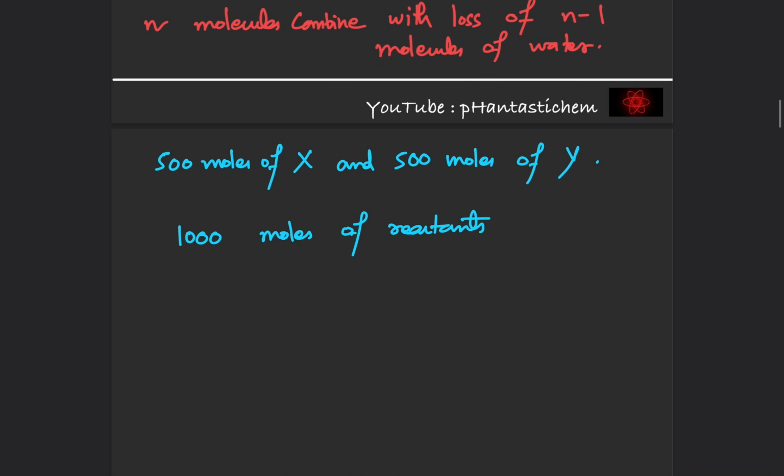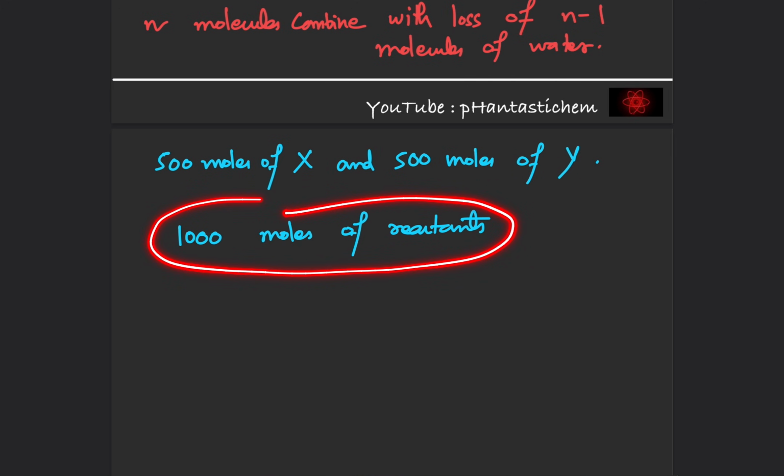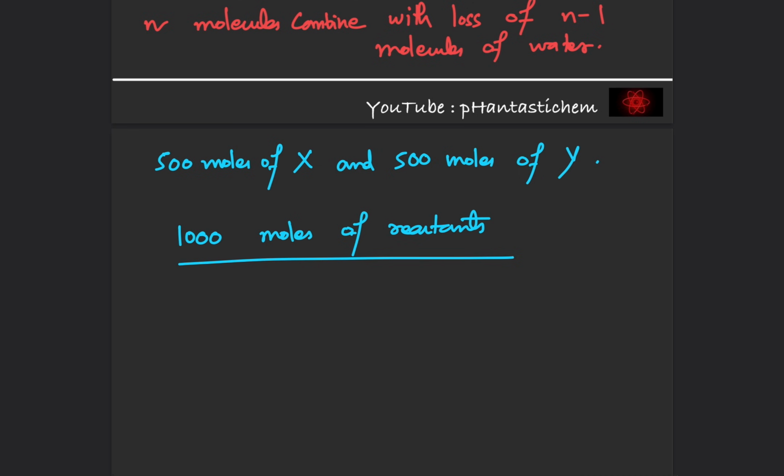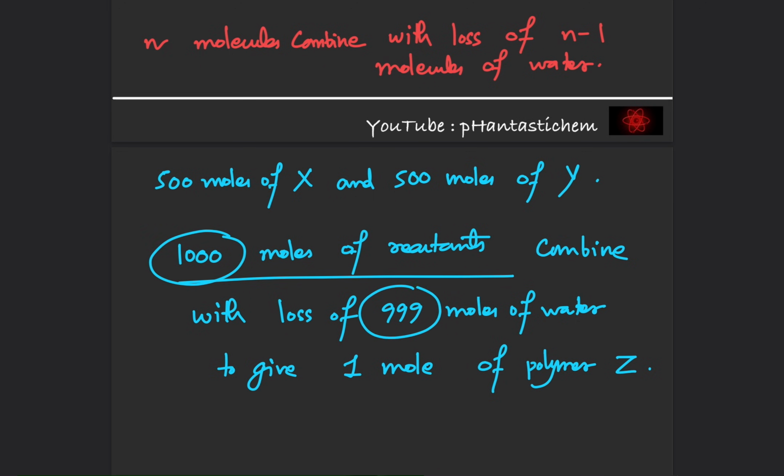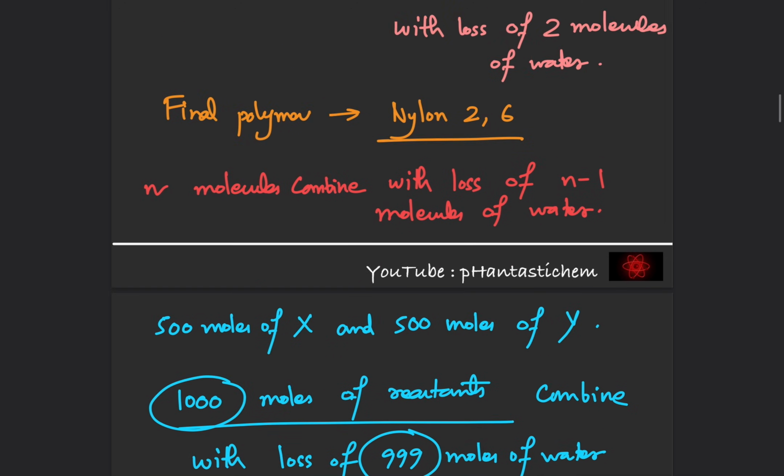So these 1000 moles of reactants will combine with each other with loss of 999 moles of water to give 1 mole of the polymer Z. Okay, so I got this because I have observed a pattern, a relation that n molecules combine with loss of n minus 1 molecules of water.